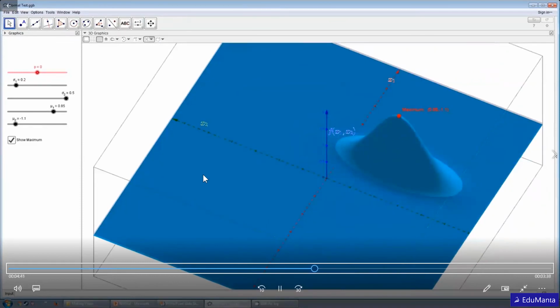So you can see how they react when we change these parameters.